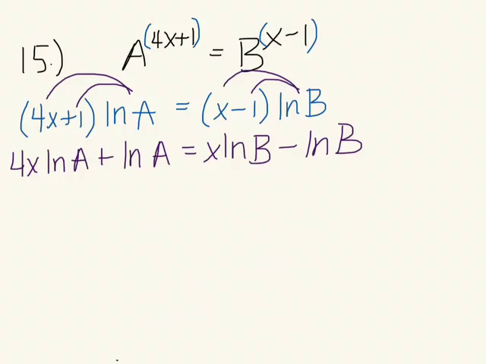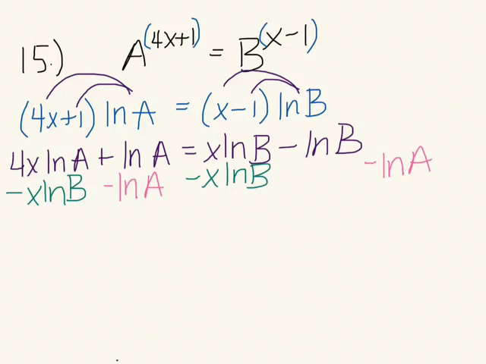I'm going to go ahead and move this way. I'm going to take this x ln of b to the other side. Which means then I need to move the ln of a from the left side of the equation to the right side of the equation.